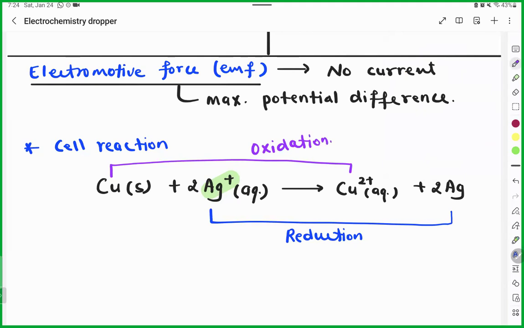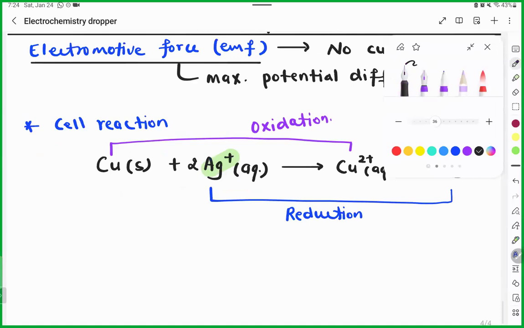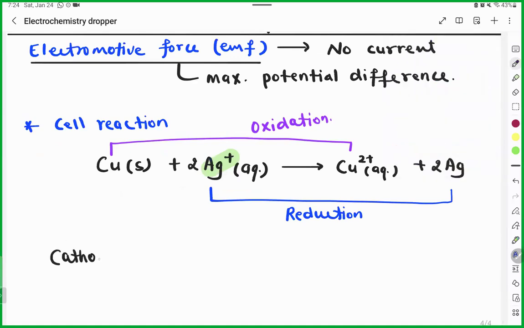Same thing you can write in the form of cathode and anode. So tell me, Barinder, what will happen at cathode? Oxidation or reduction? So oxidation.